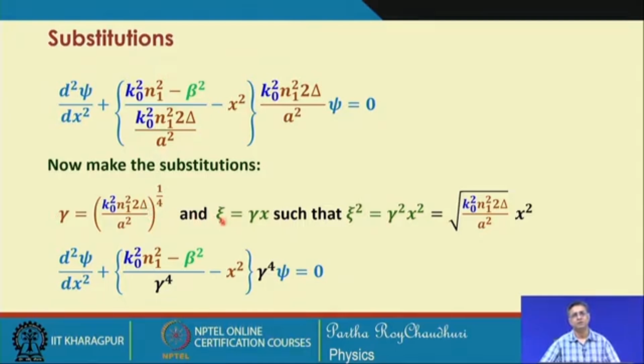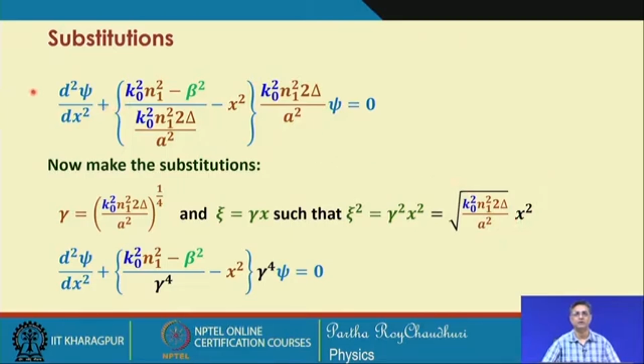Then put another variable xi, which will be equal to gamma into x, such that xi square will be equal to gamma square x square, and because I have defined gamma in this way, gamma square x square will be this quantity multiplied by x square.